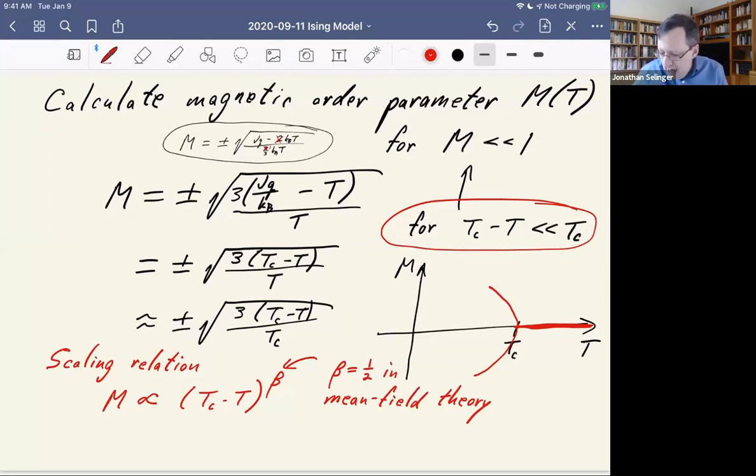And so here we're making a prediction based on mean field theory that the exponent should be 1/2.